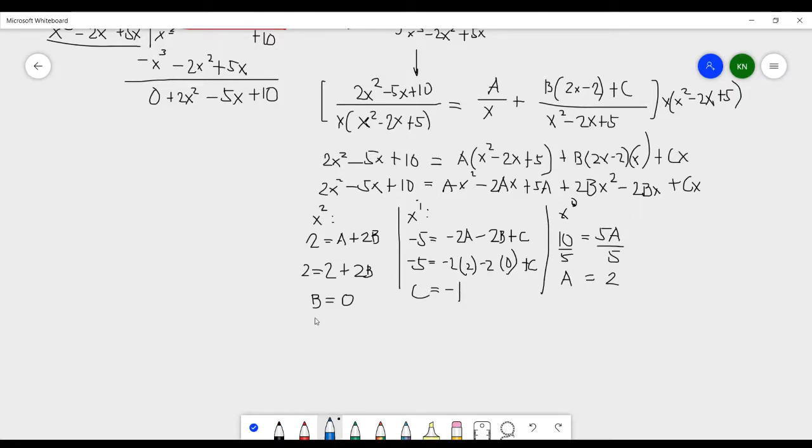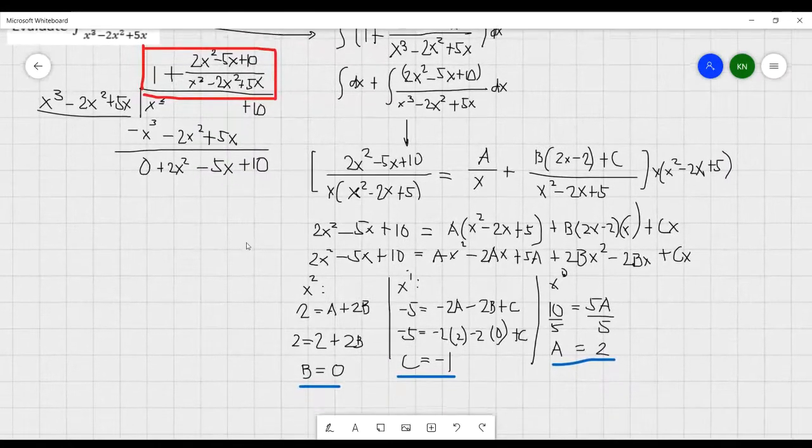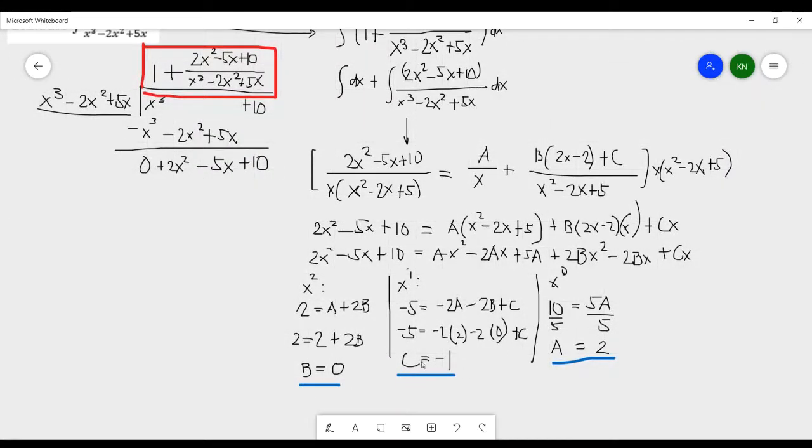So we already have the value of our b, a, and c. So we can already plug in our values for the unknown constant numbers here in our partial fraction.